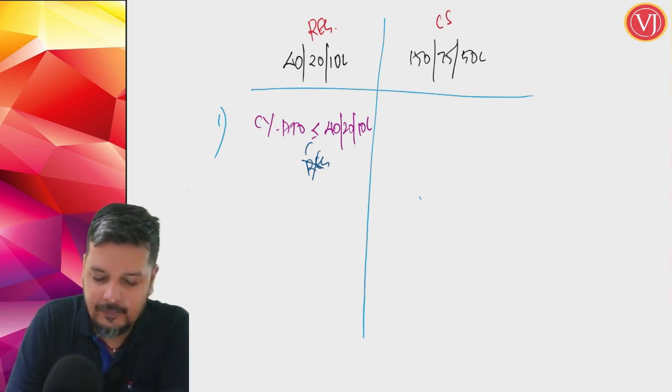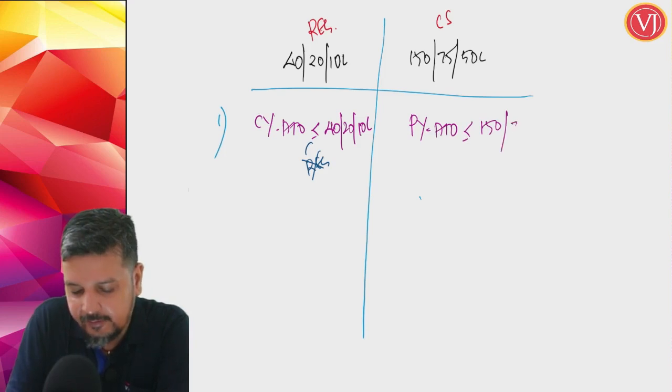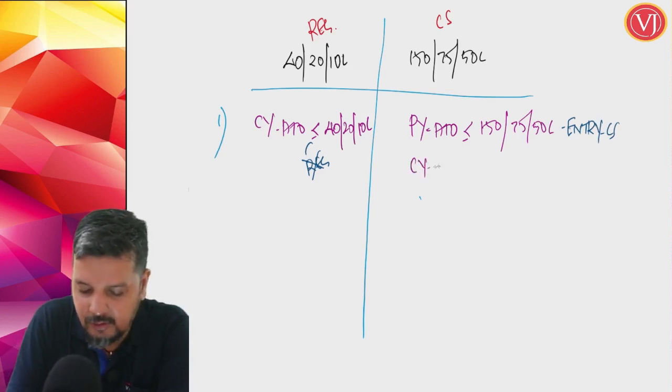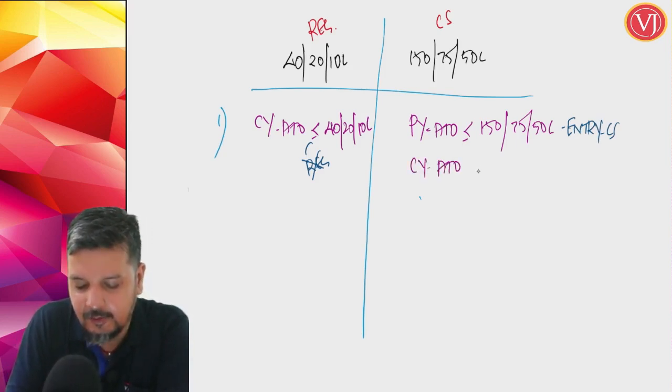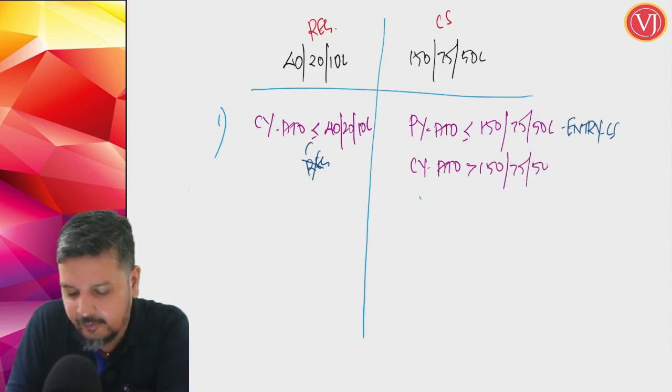Here, if your previous year aggregate turnover is less than 150 lakhs, 75 lakhs, 50 lakhs, then you can enter composition scheme. Plus, you have to also ensure that if your current year aggregate turnover crosses 150 lakhs, 75 lakhs, 50 lakhs, you have to exit composition scheme.